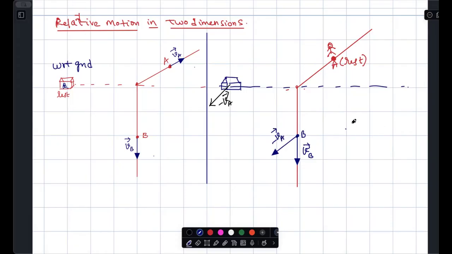At a time, B experiences two velocities with respect to A. Remember, the entire picture which I am drawing is with respect to A.